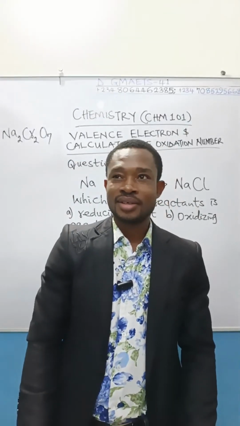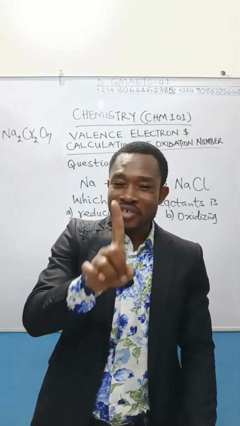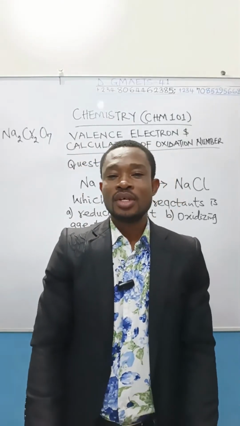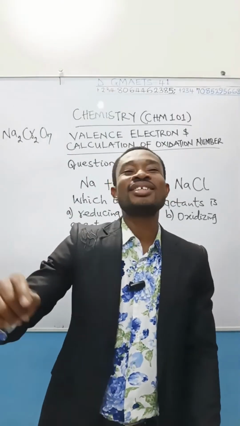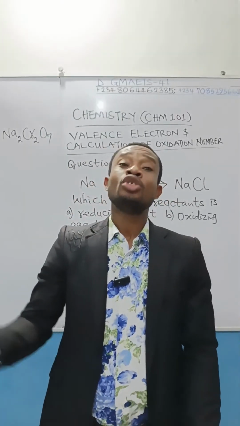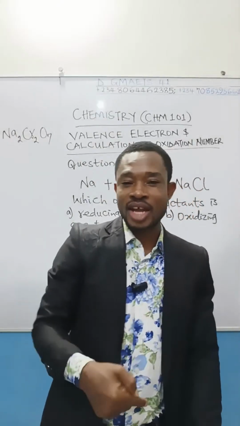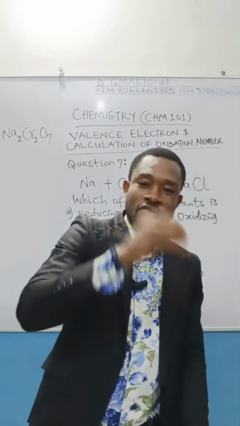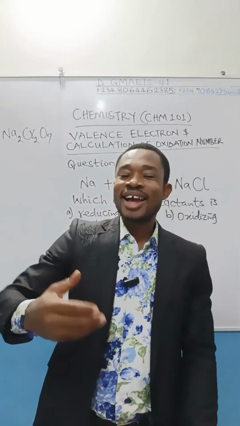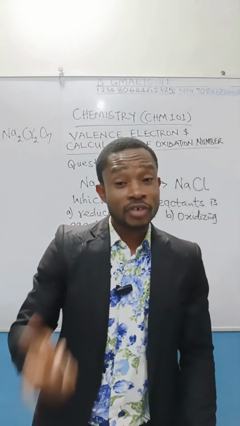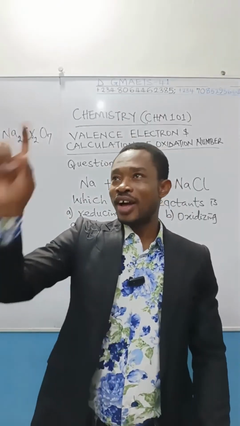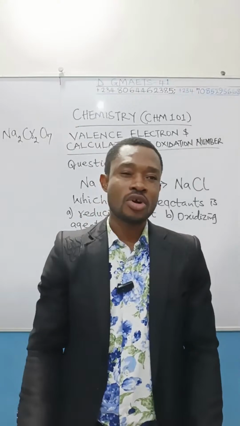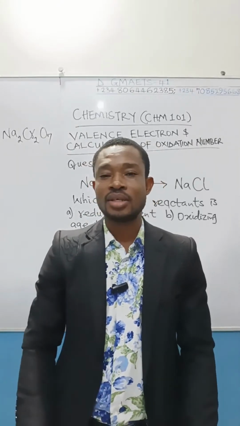The reason is that element had reacted to find itself in that compound, and when something reacts to form part of a compound, it either gained or lost electrons. So the valency will no longer remain the same as it was on the reactant side.